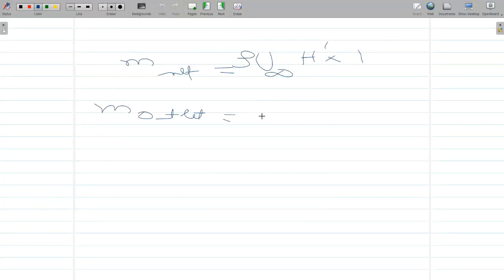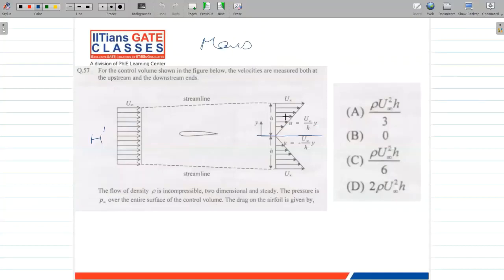We know that our density is rho, and the flow rate over the area needs to be integrated as u times dy from 0 to h. And the same amount of flow rate is going from 0 to minus h as well.